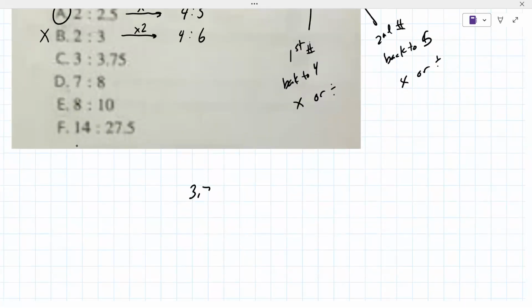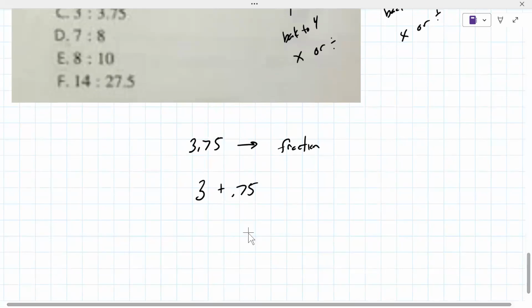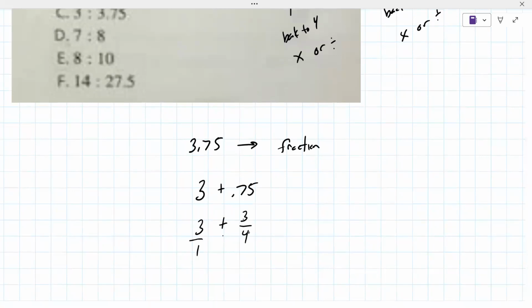So do you remember how to convert this to a fraction? No. So this becomes 3 plus 0.75. 0.75 is one that you're supposed to be like, oh yeah, that's 3/4. Now, do you remember how to add fractions with unlike denominators? No. Okay.